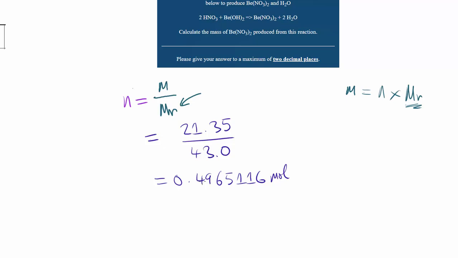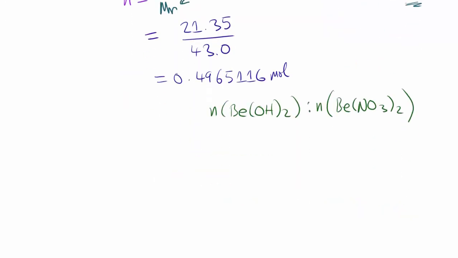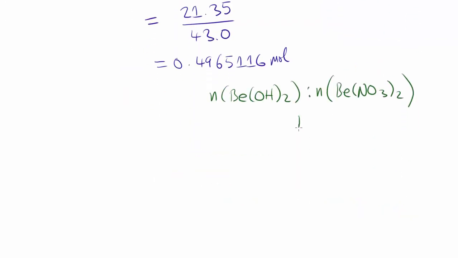Therefore the moles of Be(OH)2, compared to the moles of Be(NO3)2, is effectively going to give a 1-to-1 ratio.